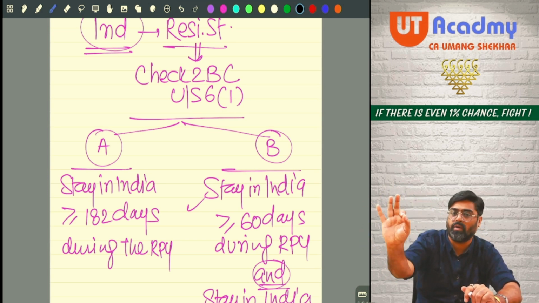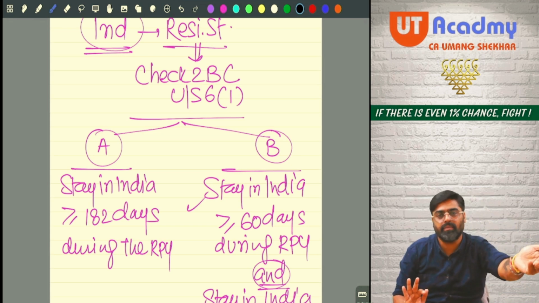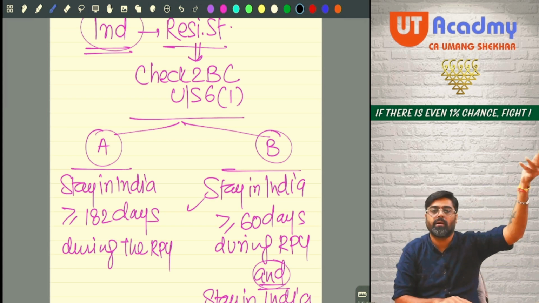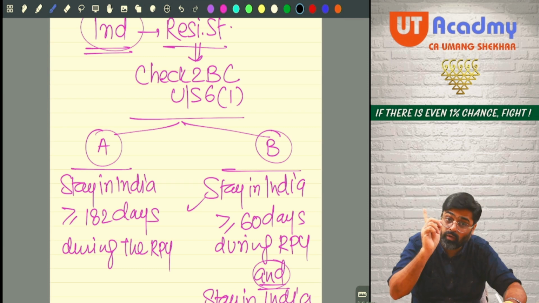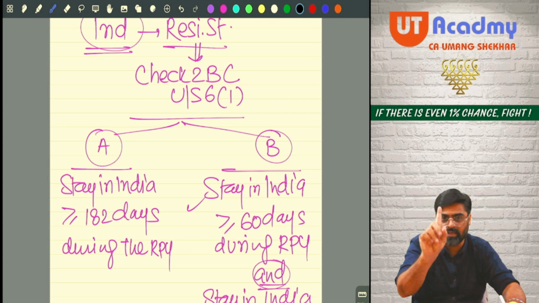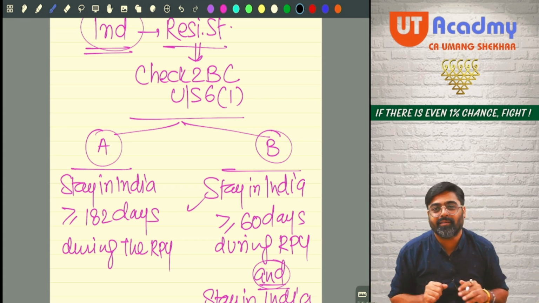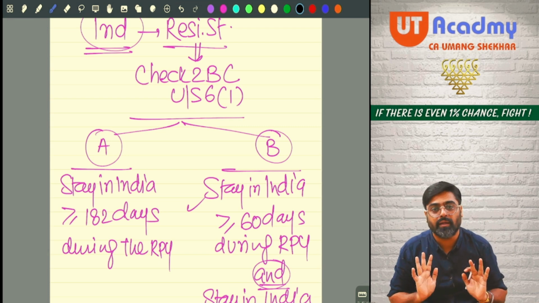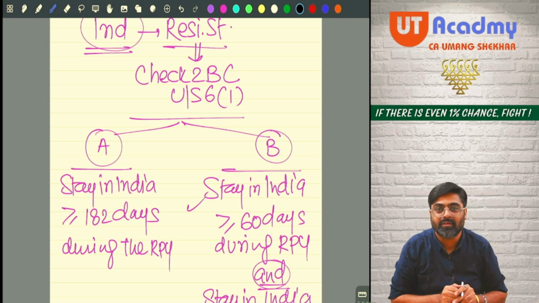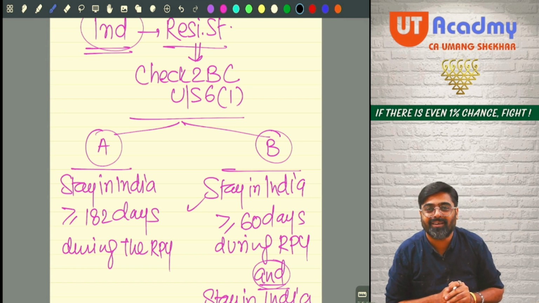First condition you have to check is 182 days or not. If not, then go to condition B. Condition B, if you fulfill, you become a resident. But if you don't fulfill condition B also, you will become a non-resident. And once you become a resident by satisfying basic condition A or basic condition B, any one condition, by default you are ordinary. But we will give you two chances so that you can make yourself not ordinary resident.